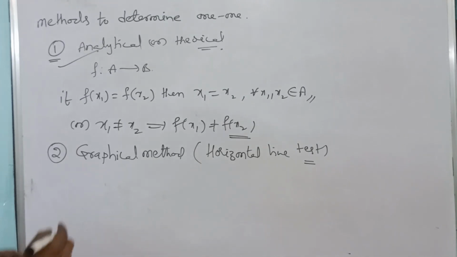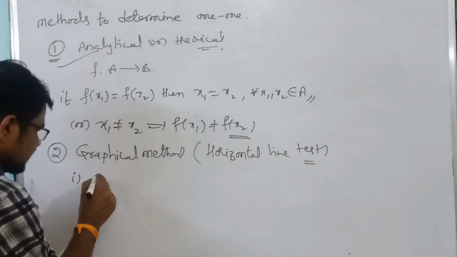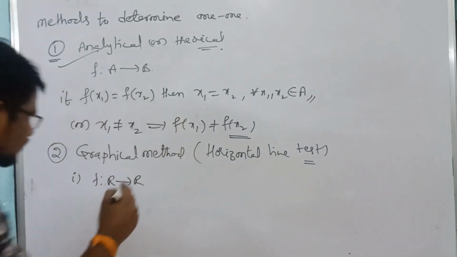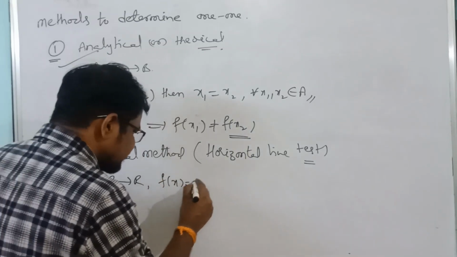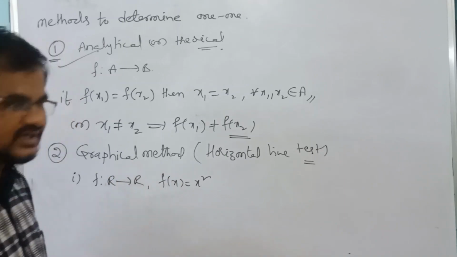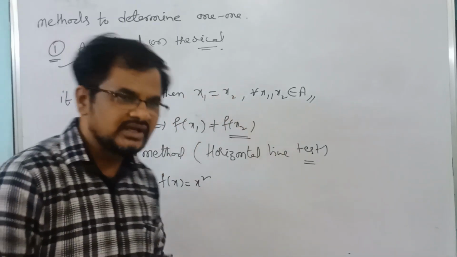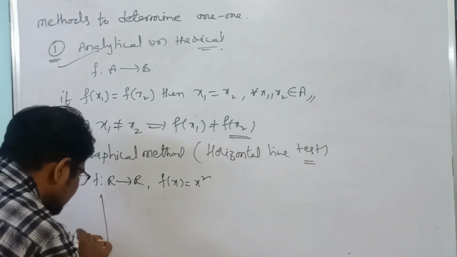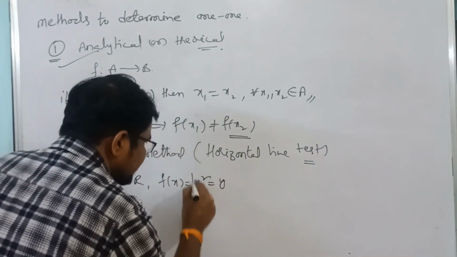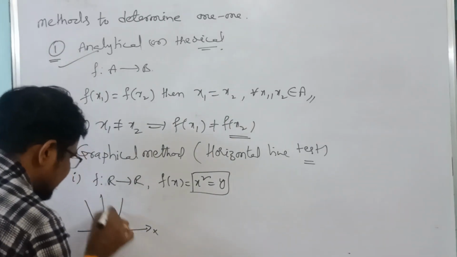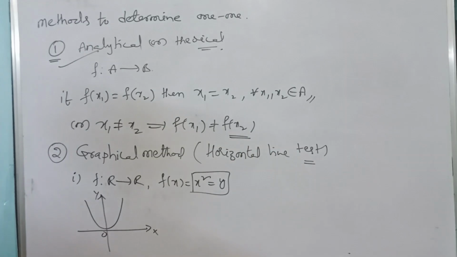Suppose you take one example for this. f is mapping from R to R, defined as f of x equals x square. Find the nature of this function, 1-1 or many to one. For that, I will draw the graph. We know it is in the form y equals x square, with this as the x axis and this as the y axis.